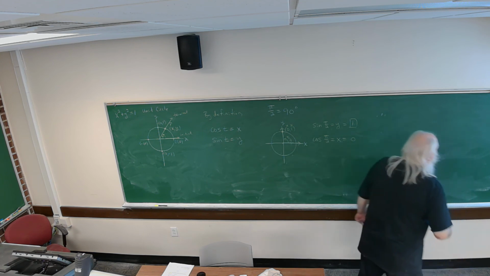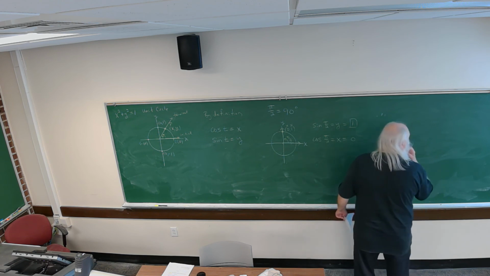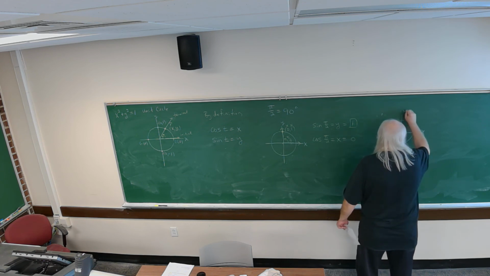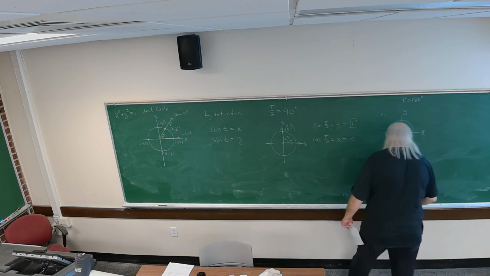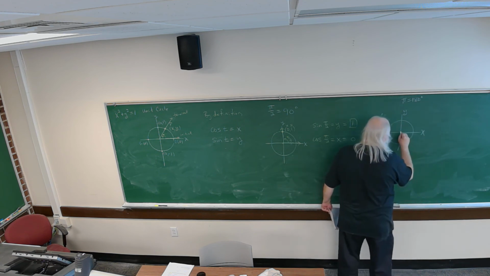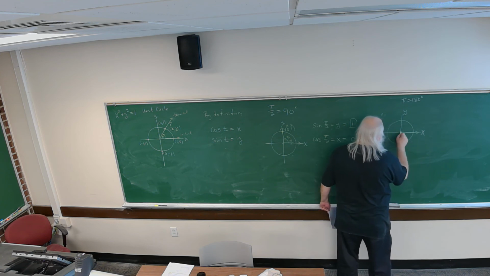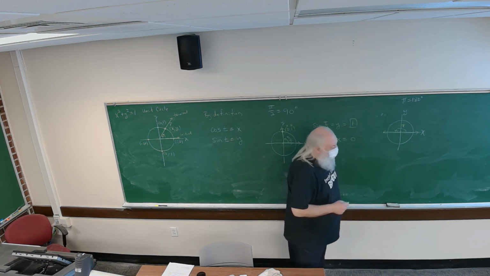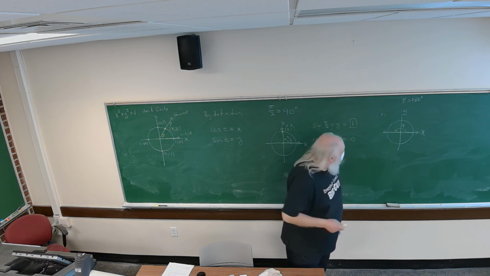In the next case, we got to find the cosine of pi. So here again, the unit circle. And pi is the same as 180 degrees. So here's the initial side, and here's the terminal side. That's a graph of pi radians, same as 180 degrees.